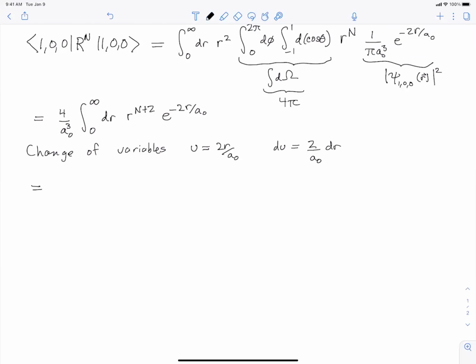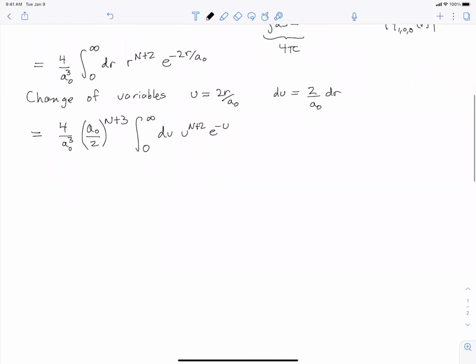That's often a good idea. And so we get 4 over a0 cubed, a0 over 2 to the n plus 3. It's n plus 3 because there's r to the n plus 2, and then there's the dr. And then what's left over is the integral from 0 to infinity du, u to the n plus 2, e to the minus u.